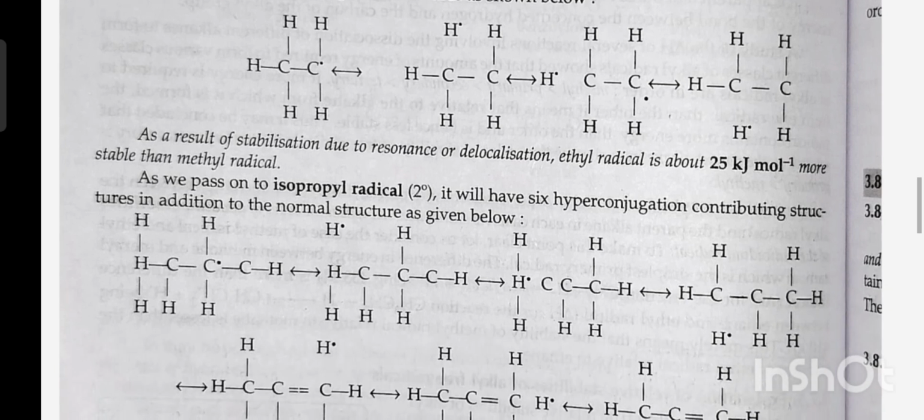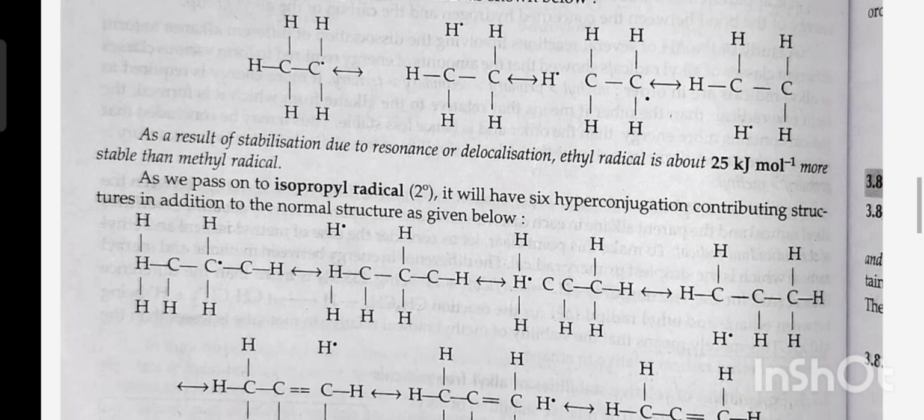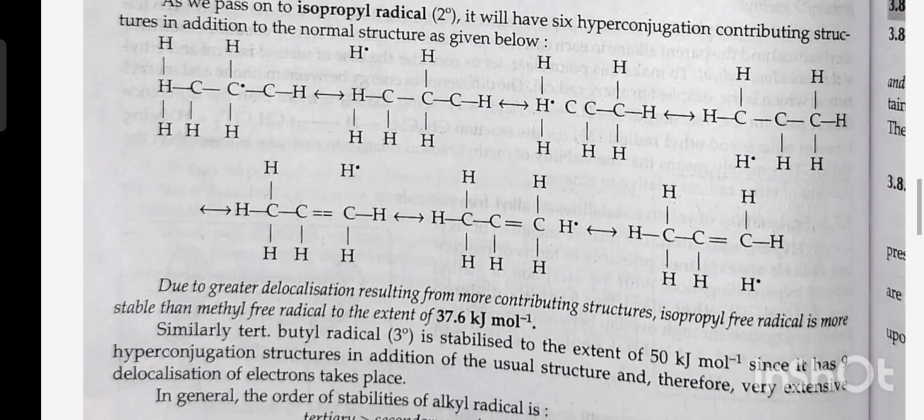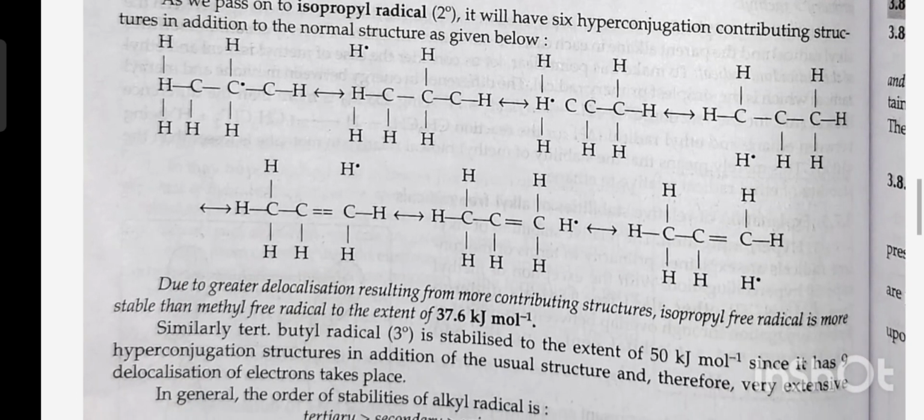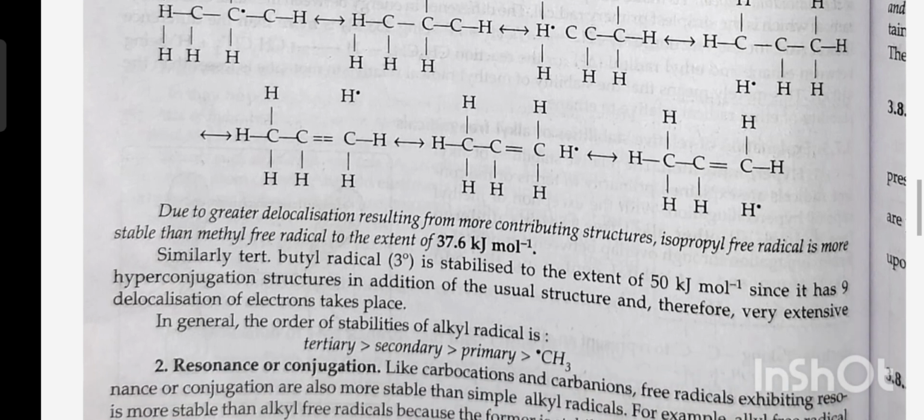As we pass on to the isopropyl radical, it will have six hyperconjugating contributing structures in addition to the normal structure as given below. Due to greater delocalization resulting from more contributing structures, the isopropyl free radical is more stable than the methyl free radical to the extent of 37.6 kJ per mole.